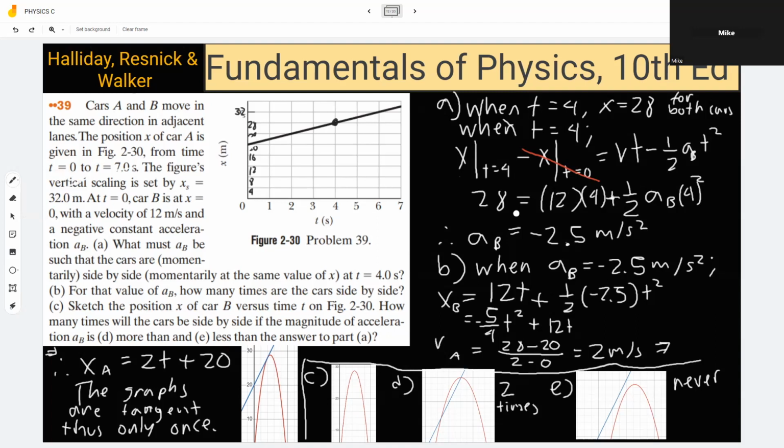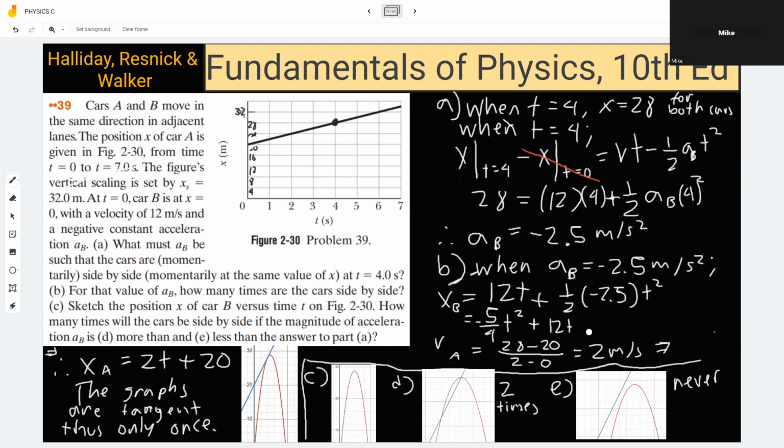Yung next, for that value of A sub B, how many times are the cars side by side? So, ano yung condition para mangyari yung side by side? Okay, ano ibig sabihin pag side by side?